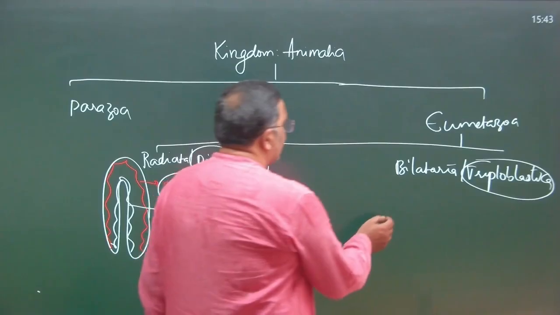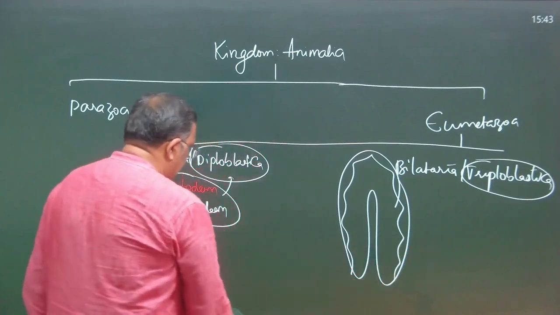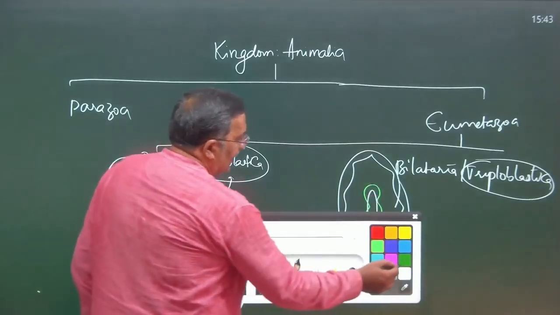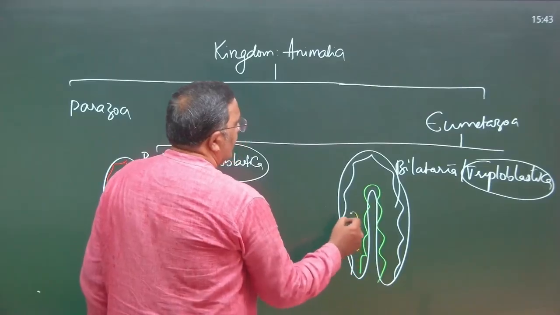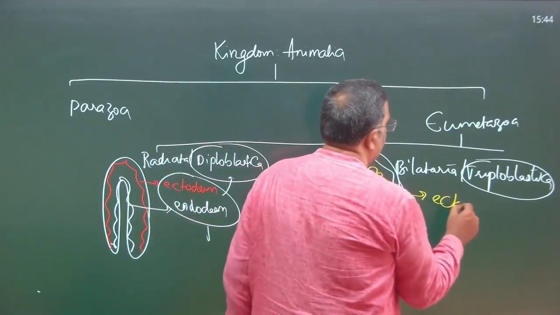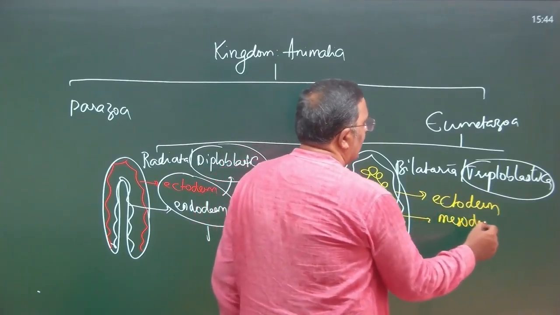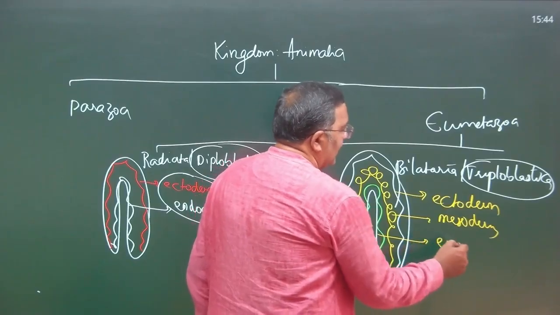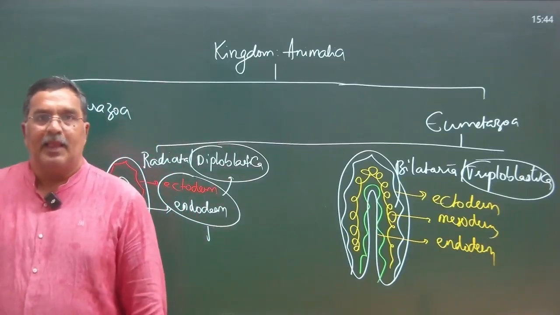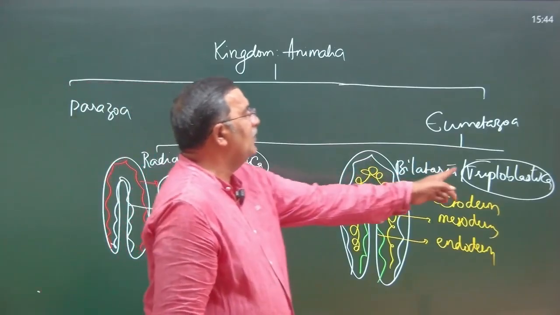If the germ layers are three, the outer layer ectoderm, the middle layer mesoderm, and the inner layer endoderm, we call the organisms triploblastica.